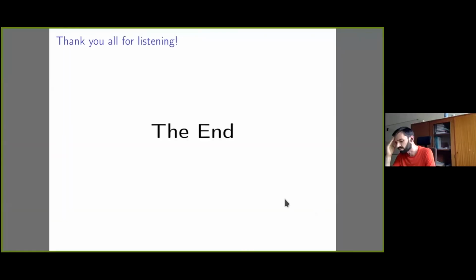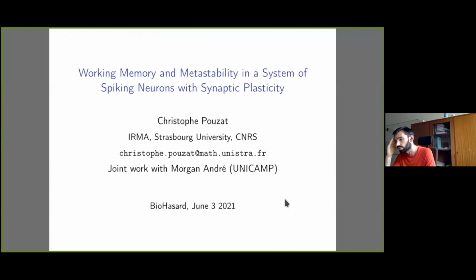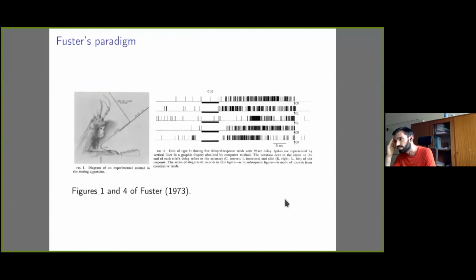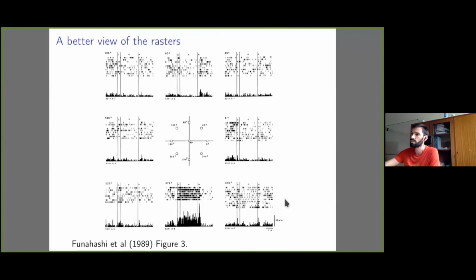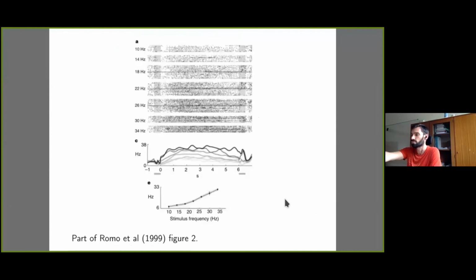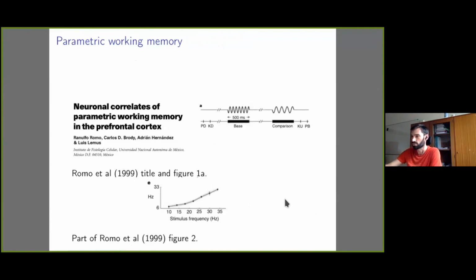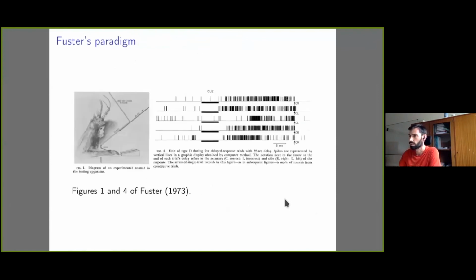Also, the first picture that you showed, the statistics did not seem to be different. Here, are the statistics of the spike trains different when the response is right or left? You don't have enough data to tell.